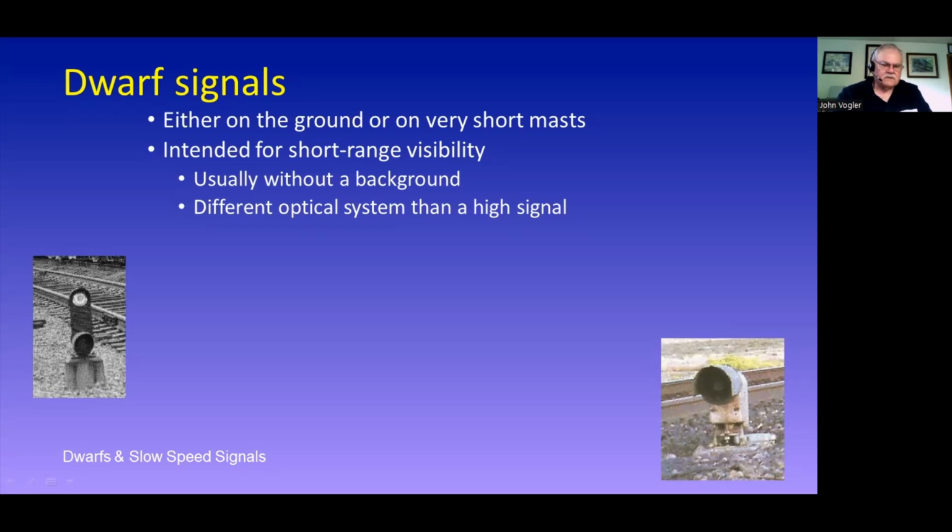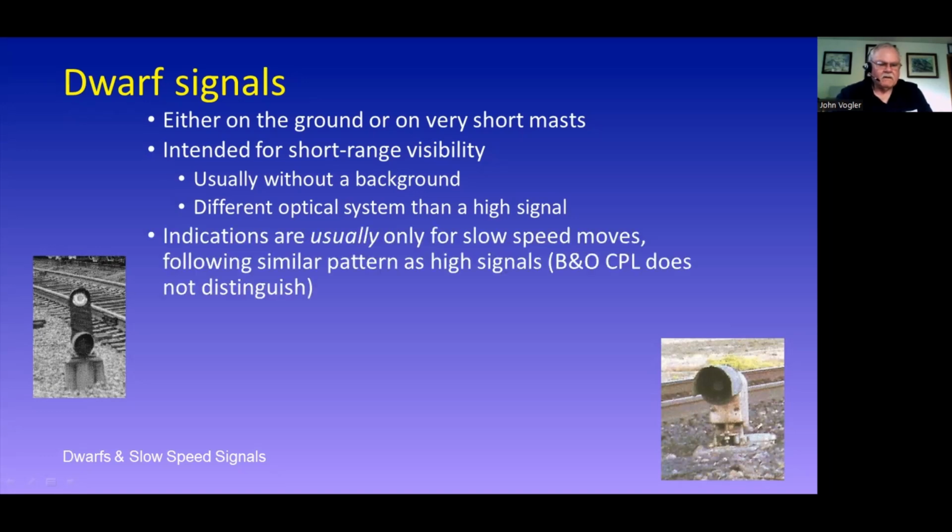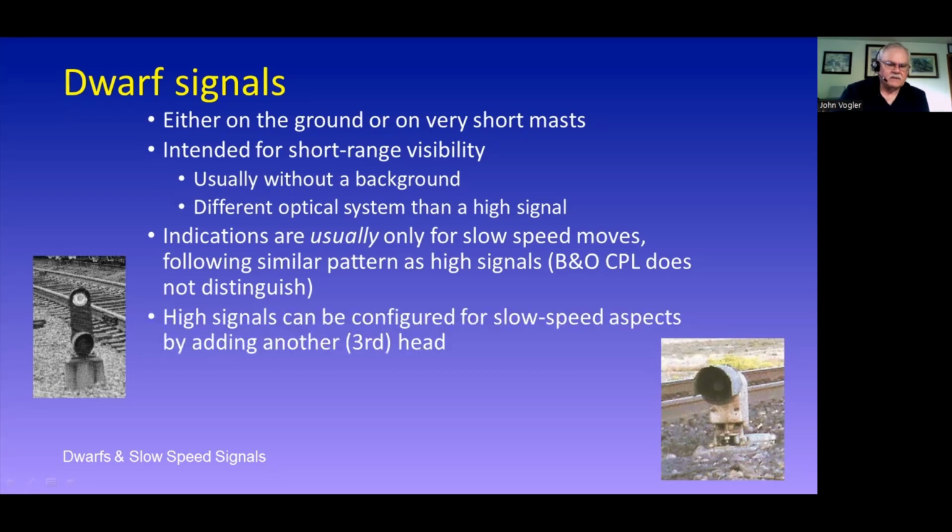The one on the left is a straight color light. The one on the right is a searchlight. And the indications are usually only for slow speed moves because you can't see them from far away. The B&O color position light doesn't distinguish that, and I'll show you that in a minute.